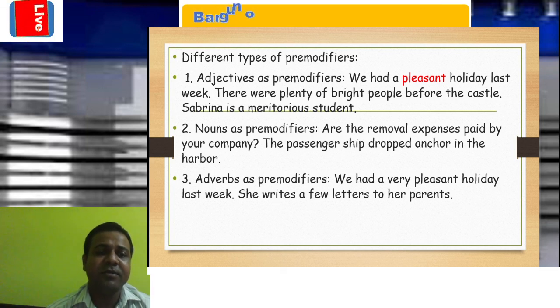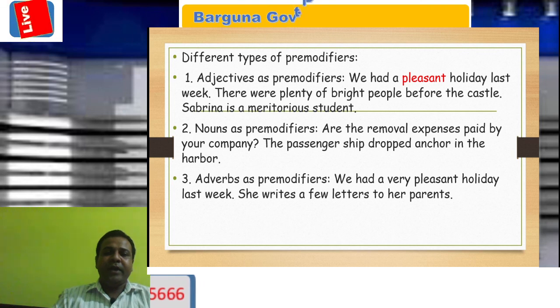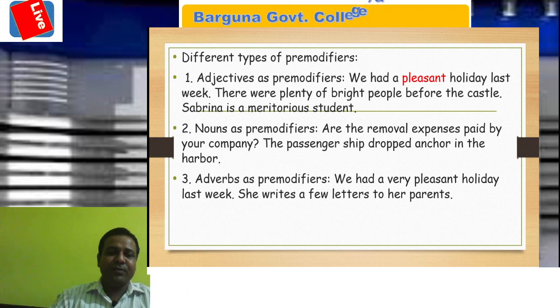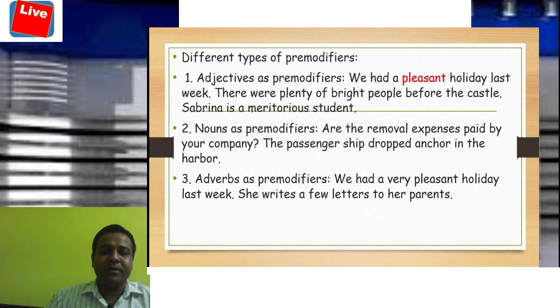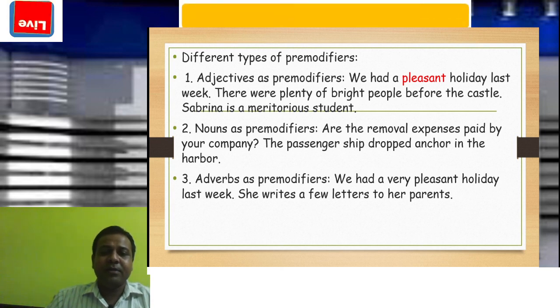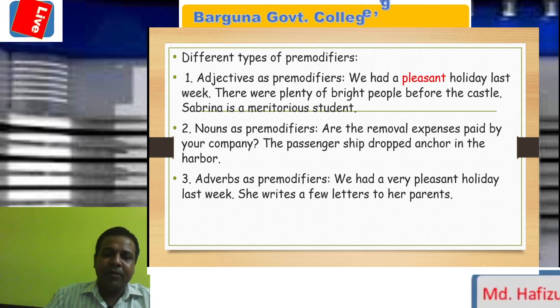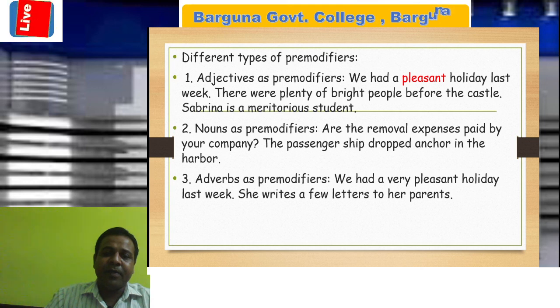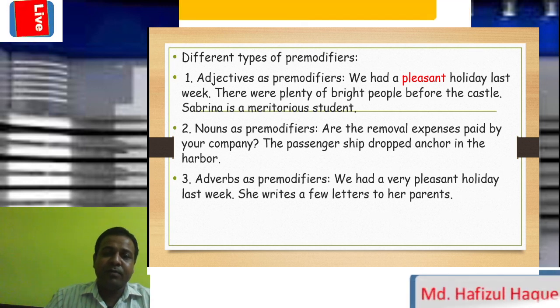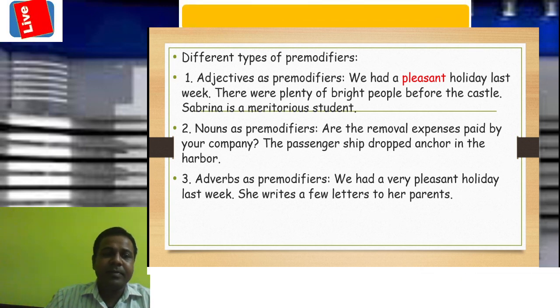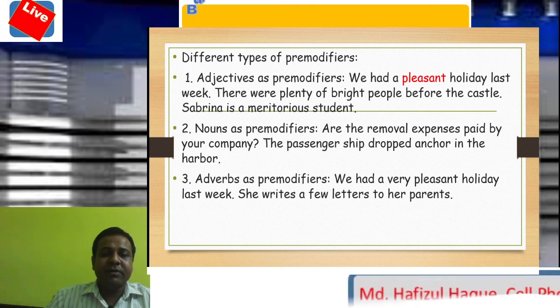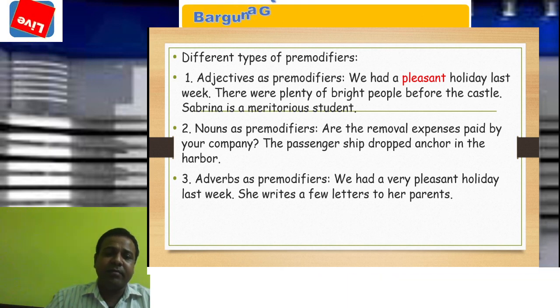Number 3, adverbs as pre-modifiers. We had a very pleasant holiday last week. Here, very is an adverb, pleasant is an adjective, holiday is a noun. So we have seen that an adverb is used as a pre-modifier here. Second example, she writes a few letters to her parents.